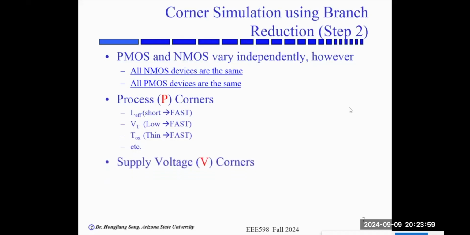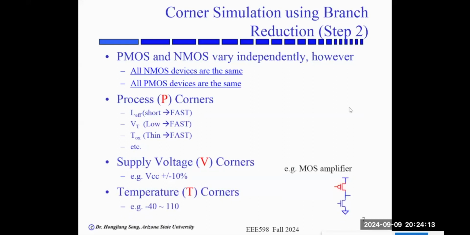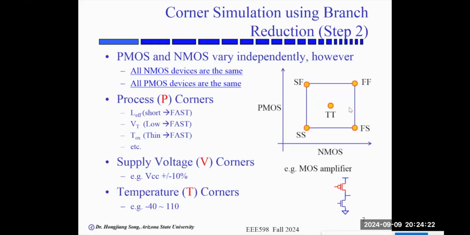In addition, there is the V corner, that's the supply corner. For the supply corner, again, we're looking into nominal, high, and low. And temperature is the T corner. So PVT, where T is temperature, high and low. In this case, if I want to simulate this amplifier with PMOS and NMOS, we'll have a total of 5 process corners.